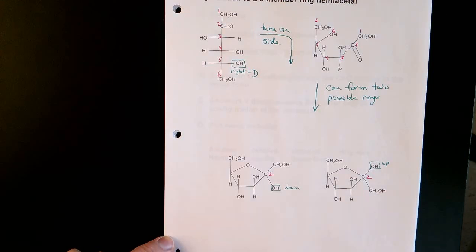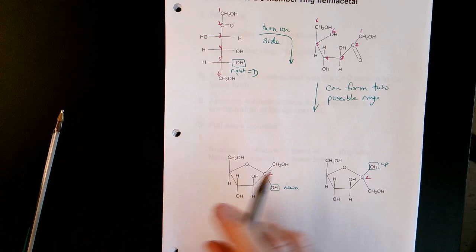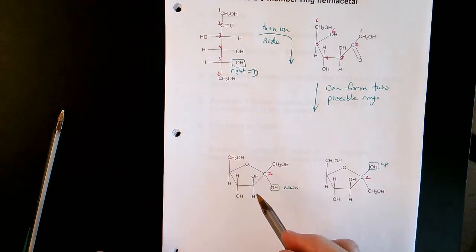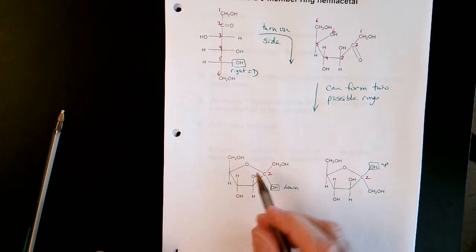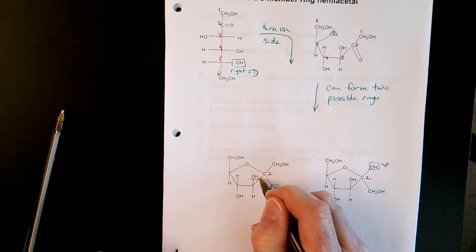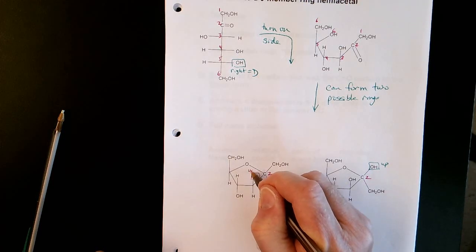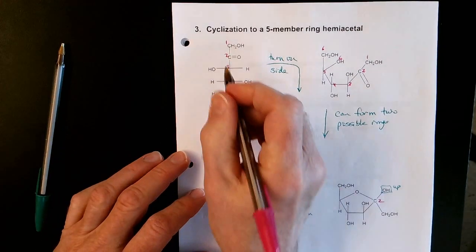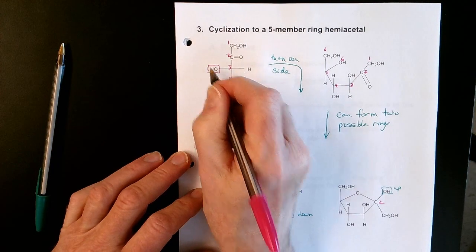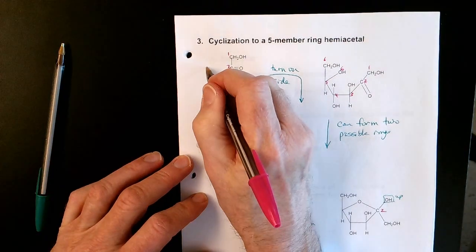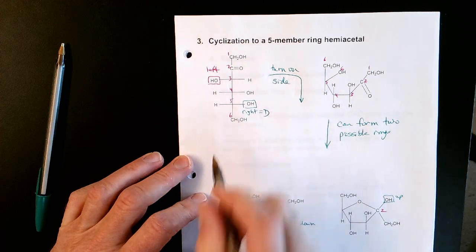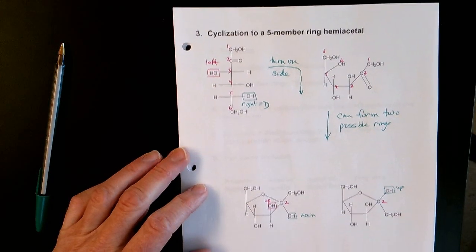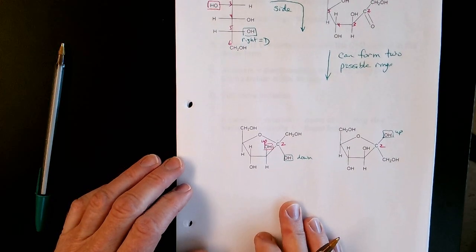But that's the only difference right there. So again, I'm going to use number 3 as an example. Here's up. This is up, and number 3 in the straight form was on the left. That's why it points up in the cyclic version.